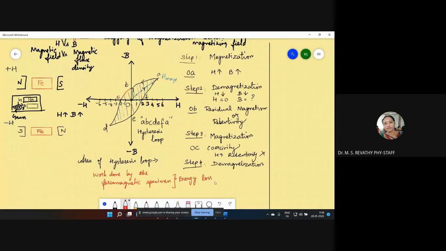It is one of the experiments in our laboratory. So when you get back to the campus, we will work out the experiment of the BH curve.